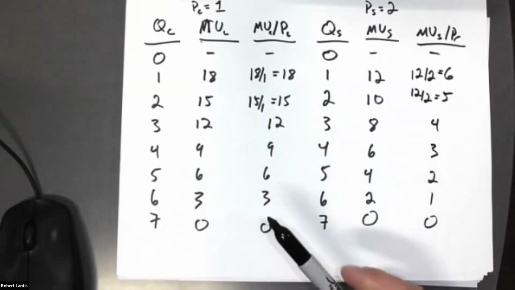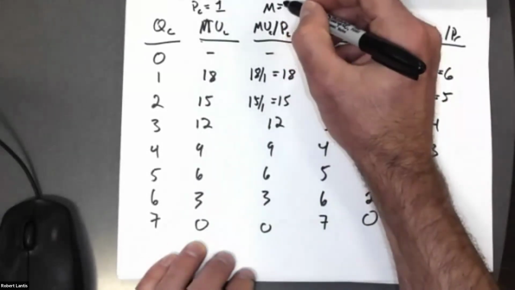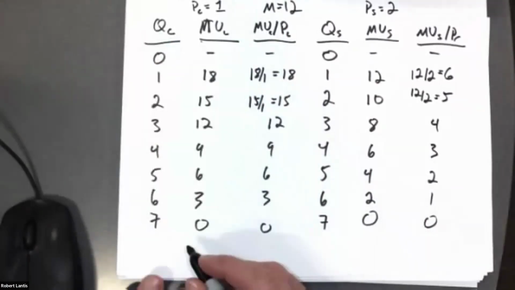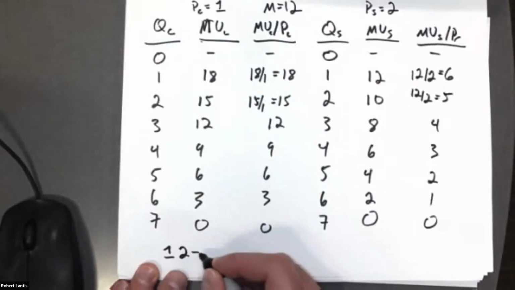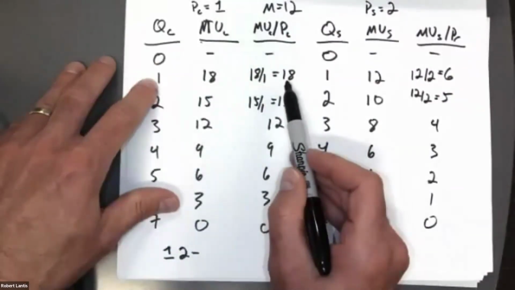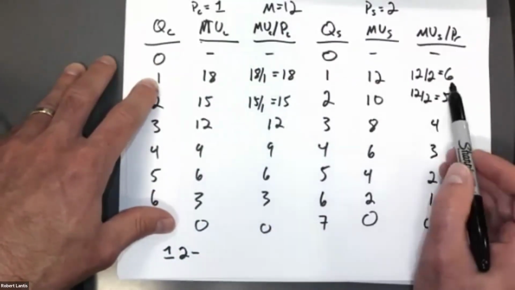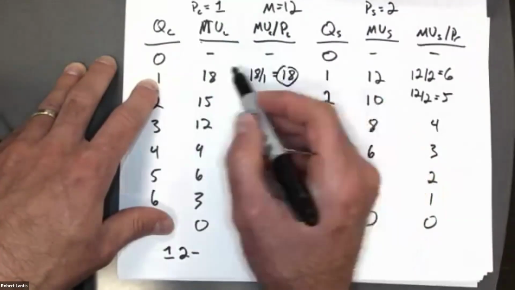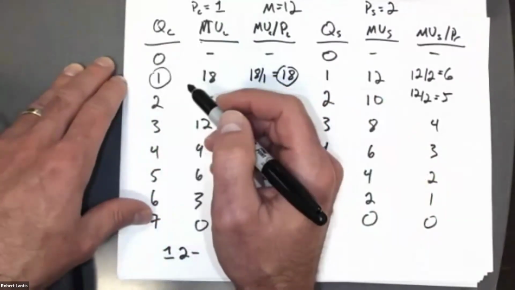So when I'm making this decision, and I think I said I've got a total income of $12. Okay? So I've got $12 to spend. What's the first thing I'm going to buy? Well, the marginal utility of the first bag of chips is 18 per dollar. Marginal utility per dollar of the first can of soda is only 6. I'm going to buy that first bag of chips. Okay.